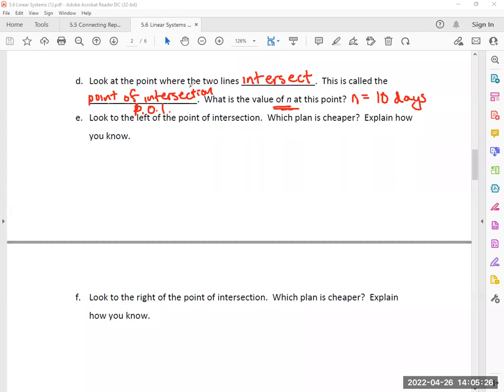Look to the left of the point of intersection. So we have a graph. Here's one line. Here's the other line. Which plan is cheaper? How do you know? Option B is cheaper. Look carefully. Which line is lower on the left side of the point of intersection?